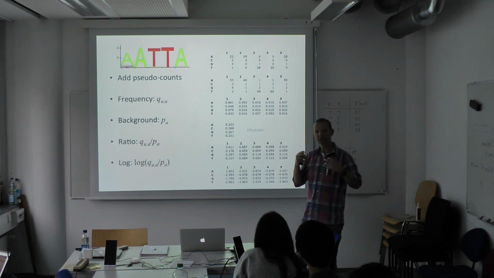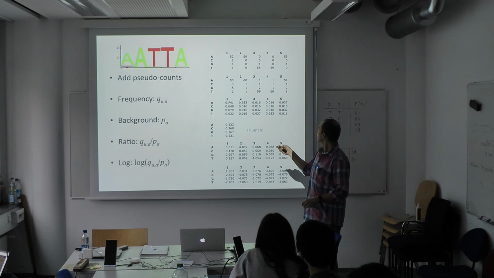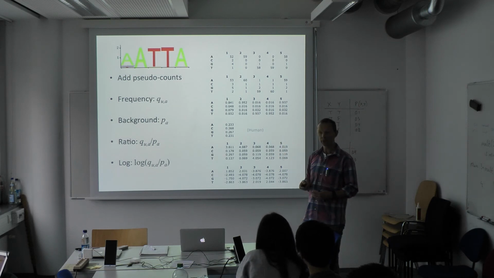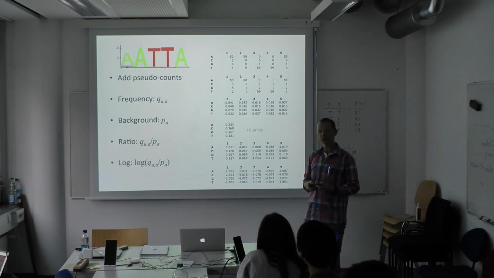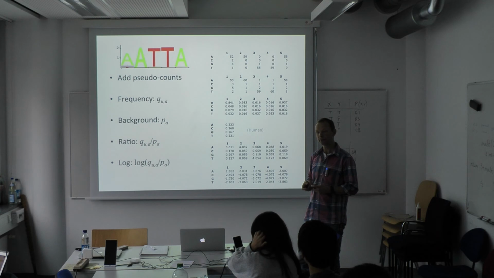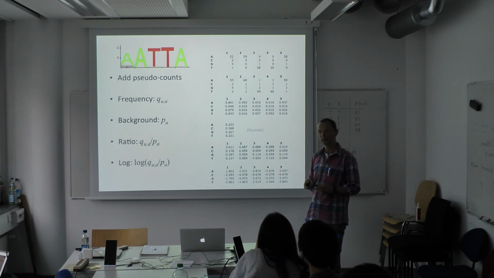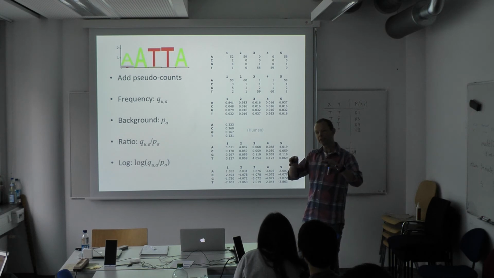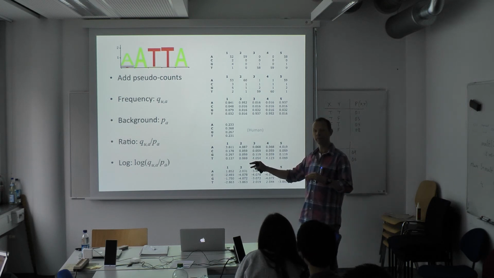It's a general idea that people use when they come up with these scoring methods. And from there, we move to a frequency matrix. We know how to calculate that. And then we come to these background frequencies that I talked about earlier. In the case of nucleotides, they're relatively evenly distributed, but not quite, and this distribution will differ from organism to organism.